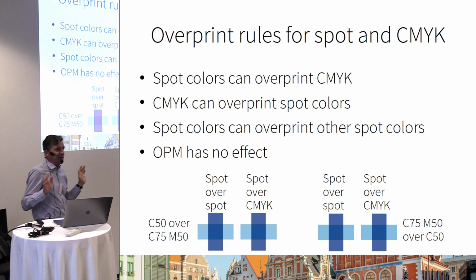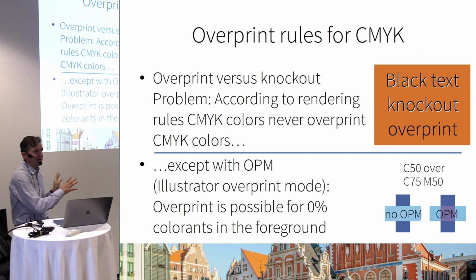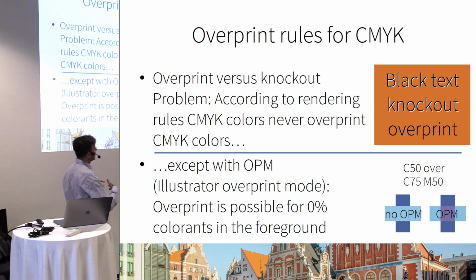People are frequently confused because these rules appear to be kind of stupid. You have to understand they come from a time when we didn't have transparency. So transparency wasn't a design thing that people could use. They were more for production.